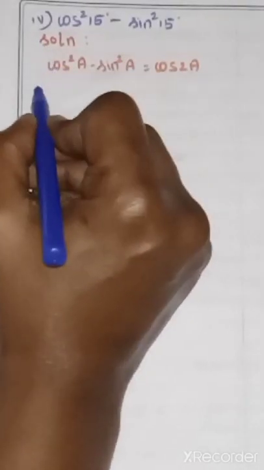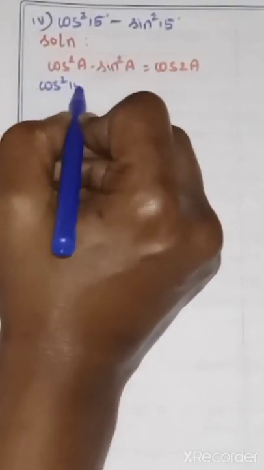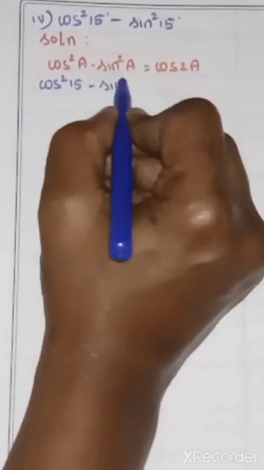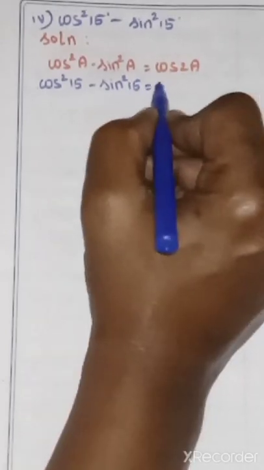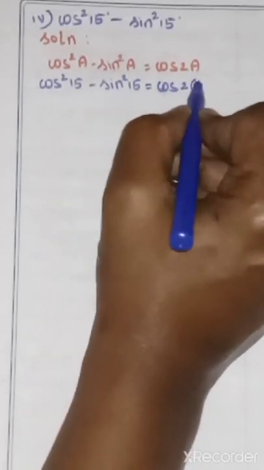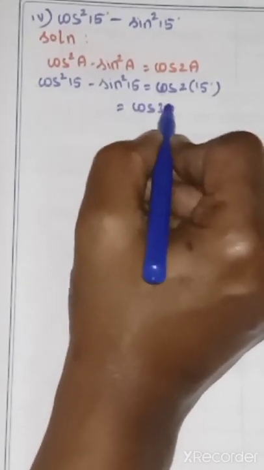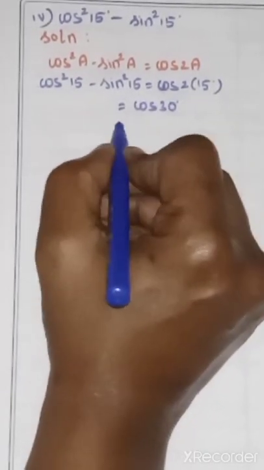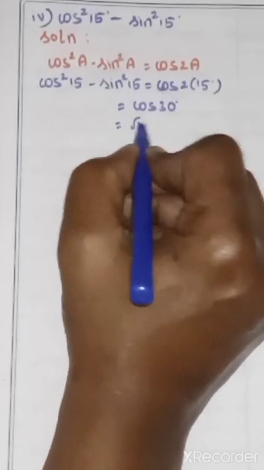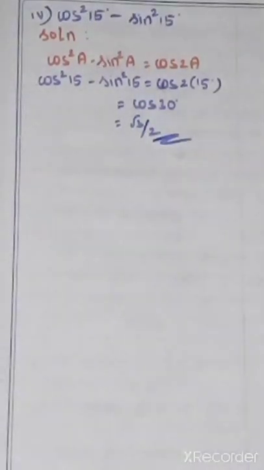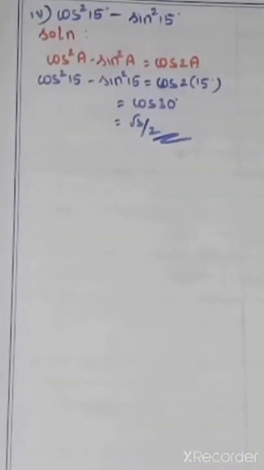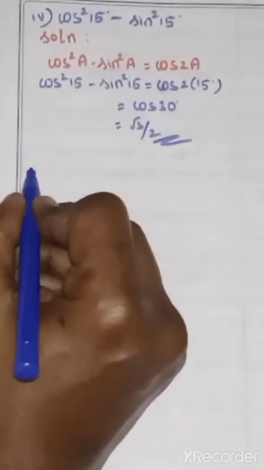Okay, so cos square 15 minus sin square 15 is equal to cos 2 into 15 degree. That is cos 30 degree. What is the cos 30 value? Root 3 by 2. So root 3 by 2 is your final answer. Now, third question.